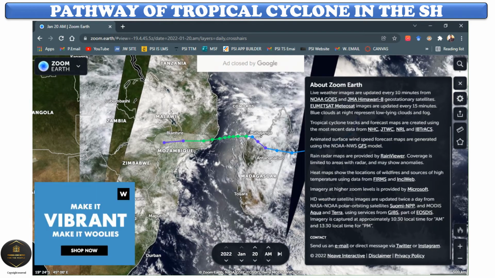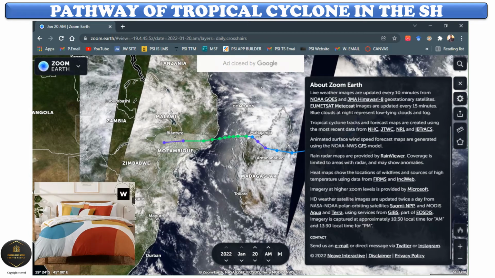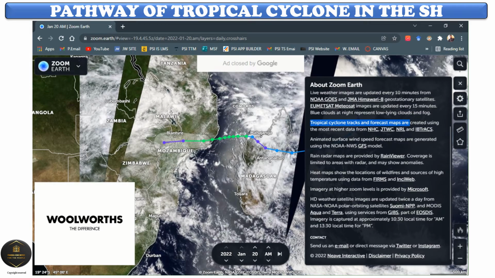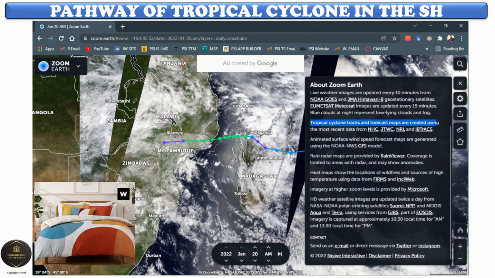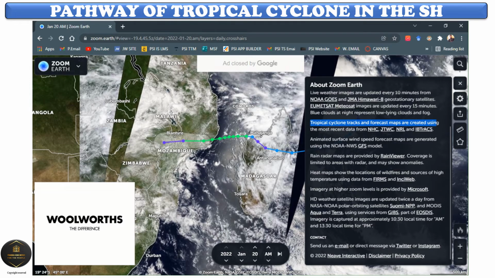Of course, this is just some information about the website that we are using, called Zoom Earth. You see, now it is showing you that this tracks tropical cyclones, and gives us forecast maps, with the data from other different sites.